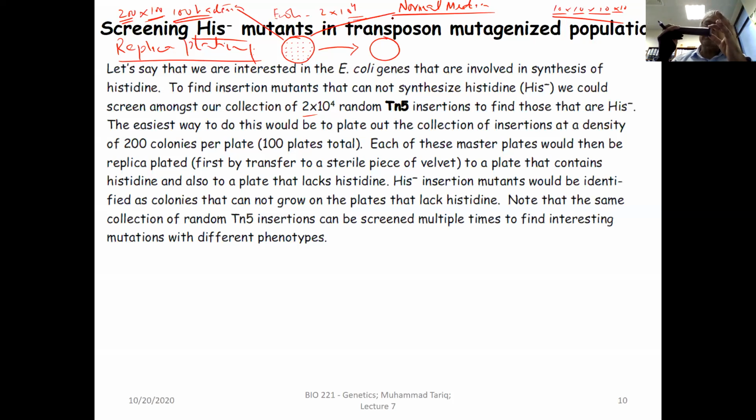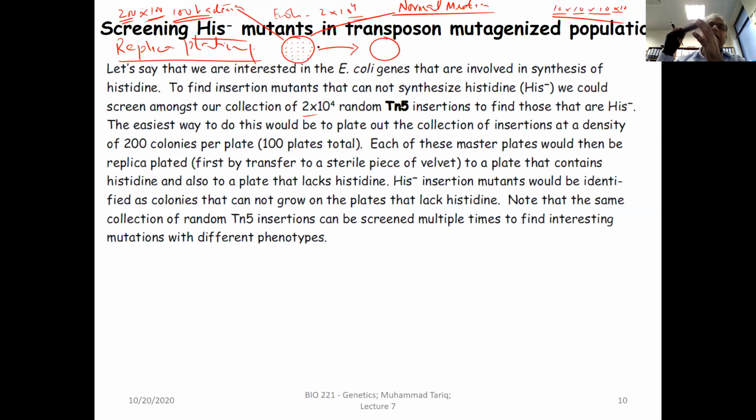We cover this plastic block with a velveteen cloth, and then come onto the plate like a stamp, and we lift, and by lifting we'll see on the velveteen cloth all 200 colonies which are spotted on a grid here, they are imprinted.